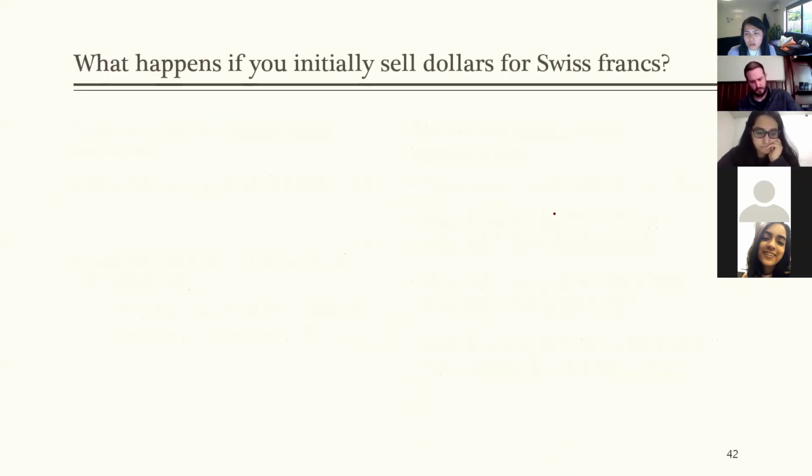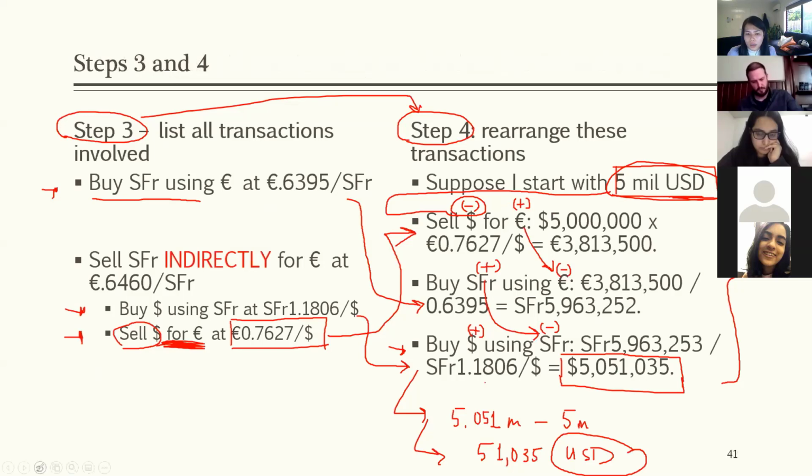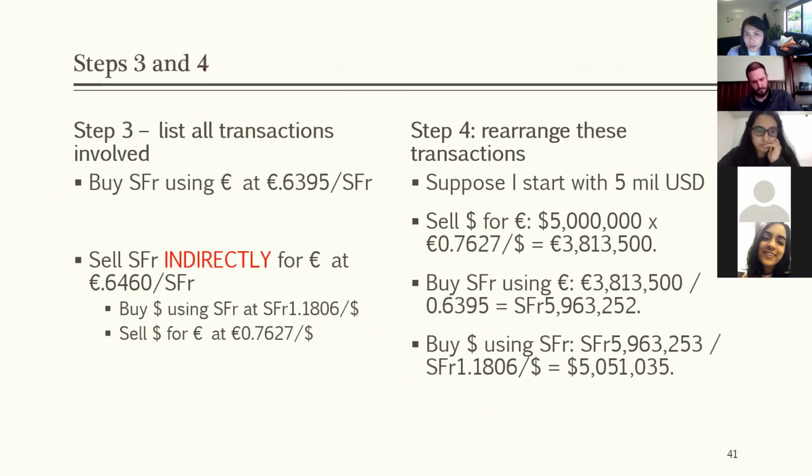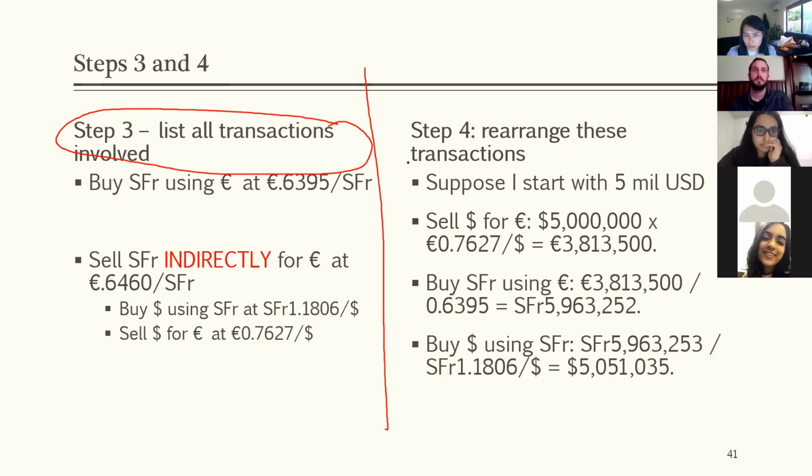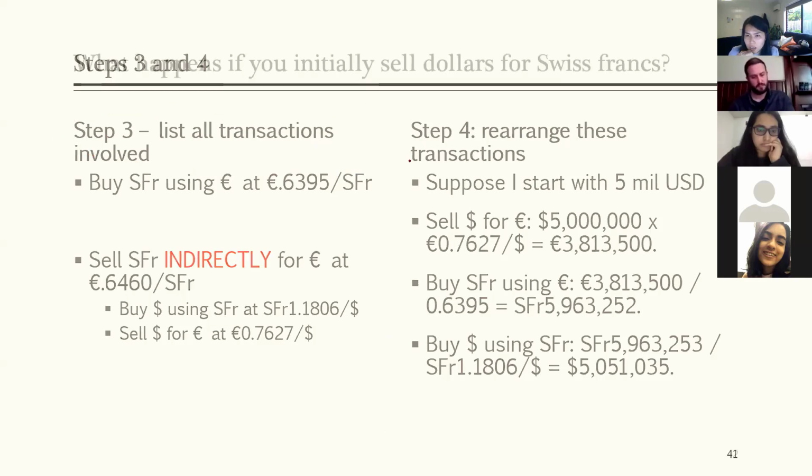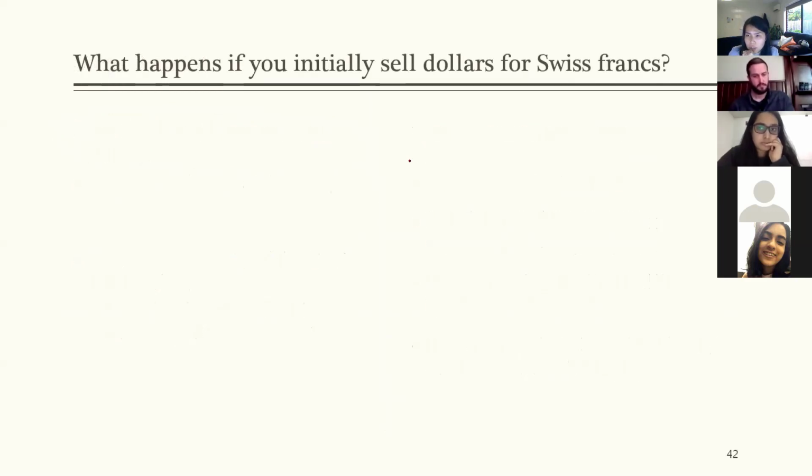In the next question, the question asks what happens if you initially sell the dollar for the Swiss franc. To answer this question, you will need to work out the steps involved first. So for that question, you will need to be able to do step 3 first. The question says, what happens if you sell the dollars for the Swiss franc?